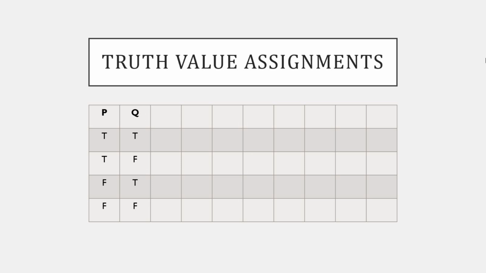So suppose we've got a sentence that's just got P and Q as atomics. We're going to start with all of the possible ways of assigning true and false to P and Q. They could be both true, they could be both false, one false, the other true, and so on. So we just start by listing all of the truth value assignments that are possible for those atomics.